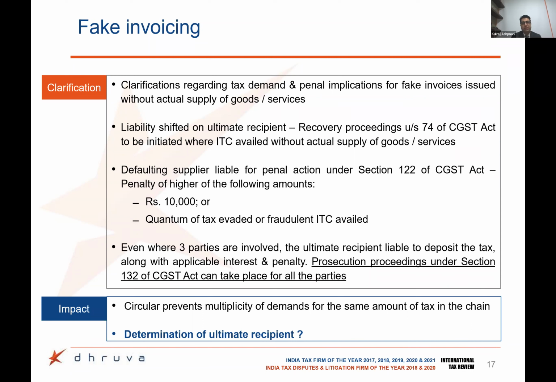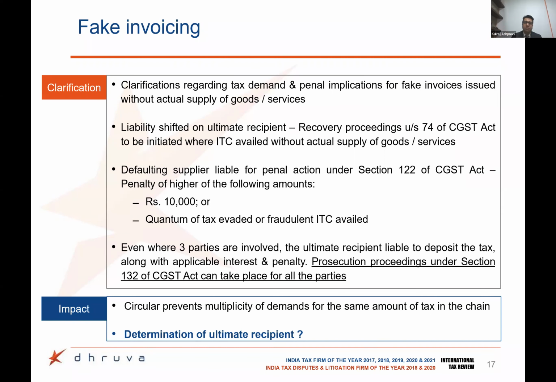The clarification provides that it shall be the ultimate recipient who shall be liable to pay GST on account of the credit that they have availed against the fake invoicing. Let's say there are parties A, B, and C. A and B have issued invoices without actual supply of goods and services, or have not paid any tax at any point of time. So therefore, there cannot be any tax recovery or credit recovery against them.